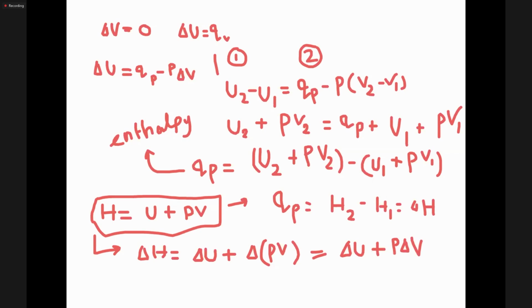So the change in enthalpy is equal to the change in the internal energy with an addition of the PV work by the system. So the heat absorbed by the system at constant pressure is called delta H. Delta H is nothing but QP. So delta H is negative for exothermic reactions. You have to understand which reactions involve heat.